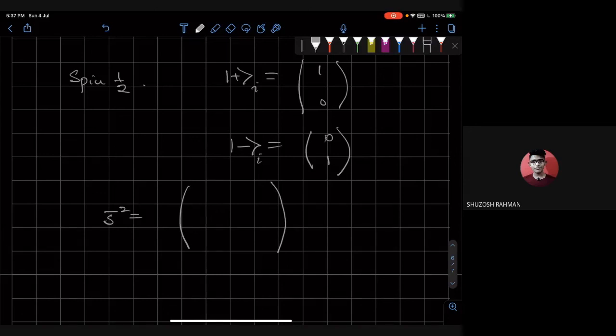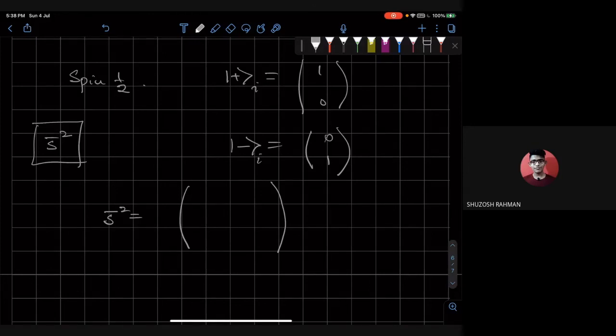What is the eigenvalue of the S squared operator for spin half? Spin half. It's half and half. Wait, no. Half times half plus 1.